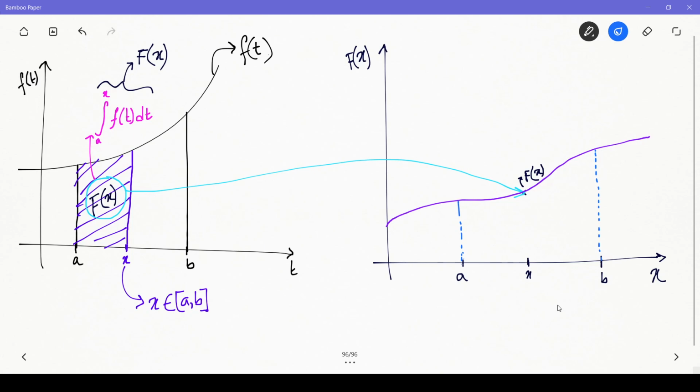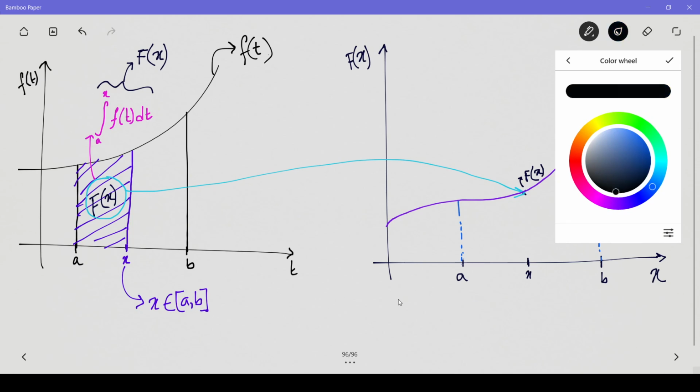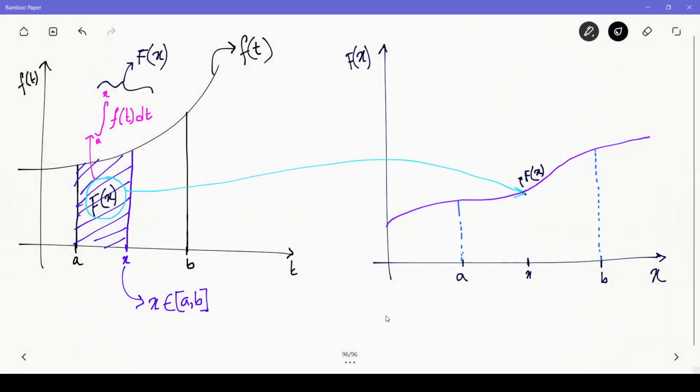Okay, so we say that the first derivative, or the differentiation, of capital F of x, this is the first fundamental theorem, is our original function small f of x.